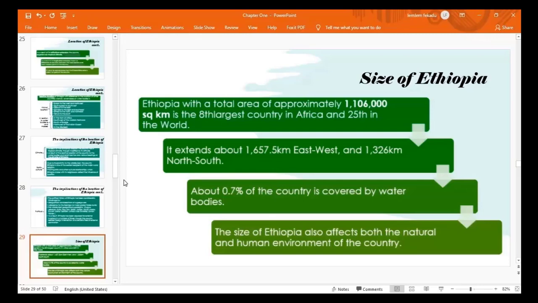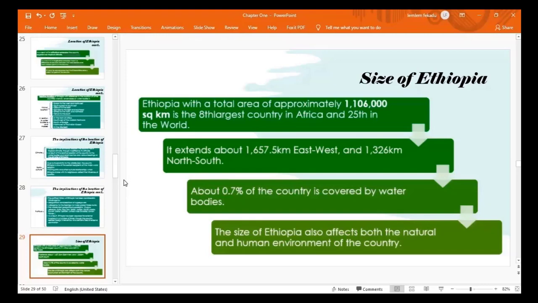When we see the east-west distance, it is about 1,657.5 kilometers, whereas the north-south distance is 1,326 kilometers. A small portion of the country is covered by water, which is about 0.6%.